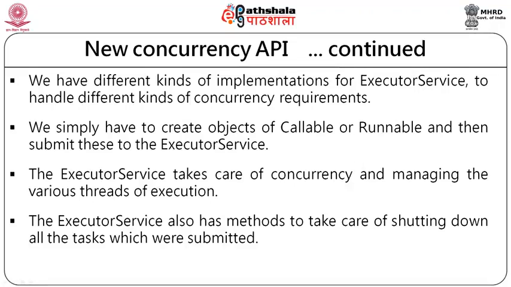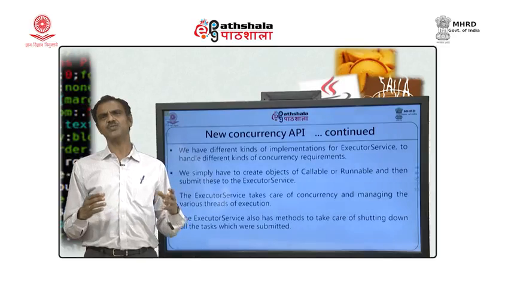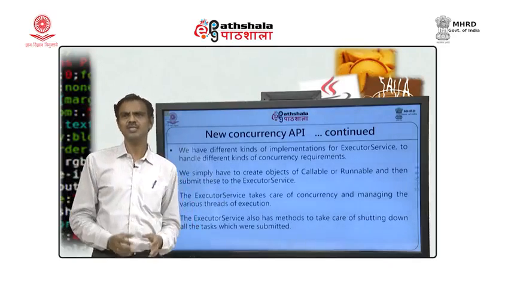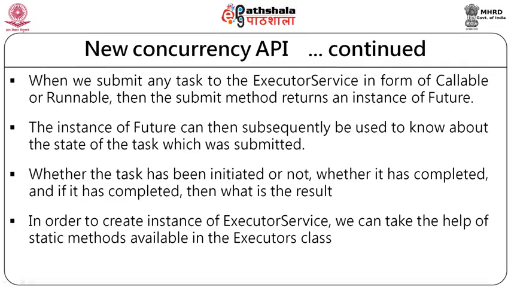The executor service has various methods to control those tasks which we are giving in the form of callable or runnable. It has methods for shutting down all those tasks which we have submitted. When we submit a task to the executor service, in the form of a callable or a runnable, the submit method returns an object of future. Future is another interface.